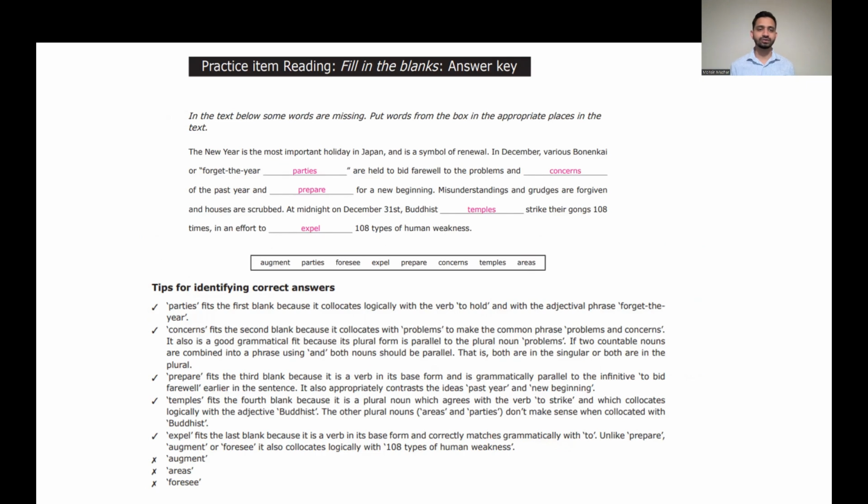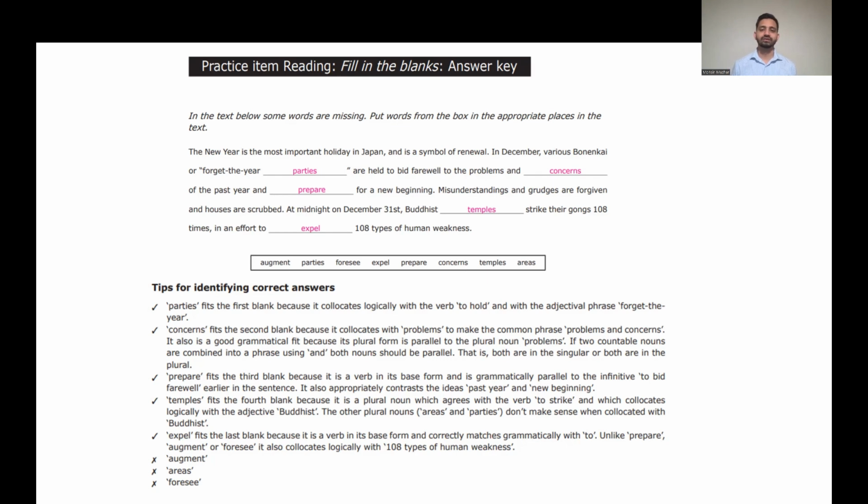Again, it talks about the New Year being the most important holiday in Japan and a symbol of renewal. After you fill in the blanks, you read it all again back to yourself to see if it all makes sense. So the New Year is the most important holiday in Japan and is a symbol of renewal.